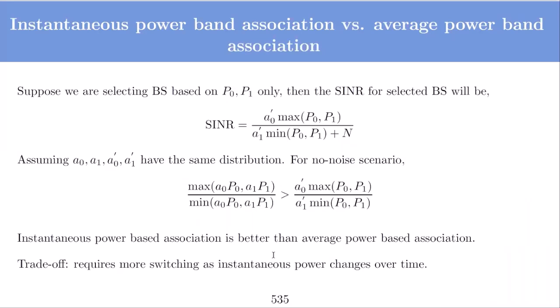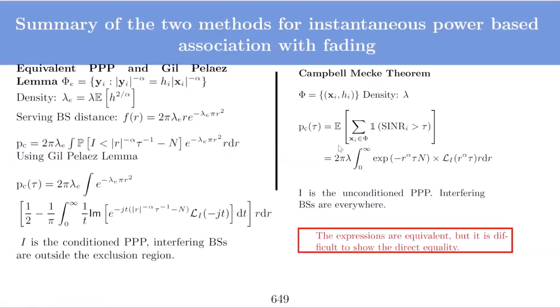Shadowing is also like a fading, but it's a slowly changing fading. So because it changes slowly, we generally include shadowing in the association decision. We have computed the coverage probability for instantaneous power-based association with fading using Campbell's theorem, and this is what we get.